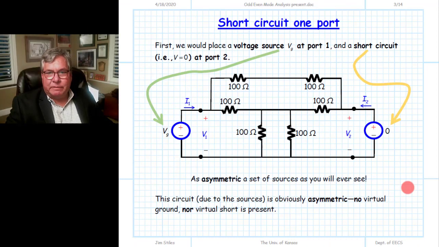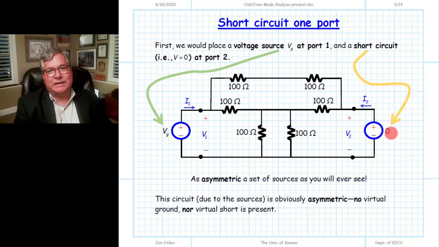All right, so to determine our first two transadmittance parameters, we want to put a non-zero voltage source on port 1, and a short circuit on port 2, and then determine the current so we can determine I2. Now, symbolically, we're going to represent a short circuit as a zero-valued voltage source, and that's what it is.